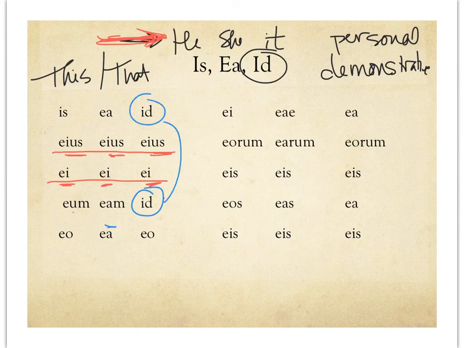Eo, ea, eo. And then in the plural, they're completely regular. So again, it's really only the singular, and really in particular these forms that are strange. And of course, we have to keep in mind that is and id start with I's, not E's, whereas we have E's the rest of the way through.